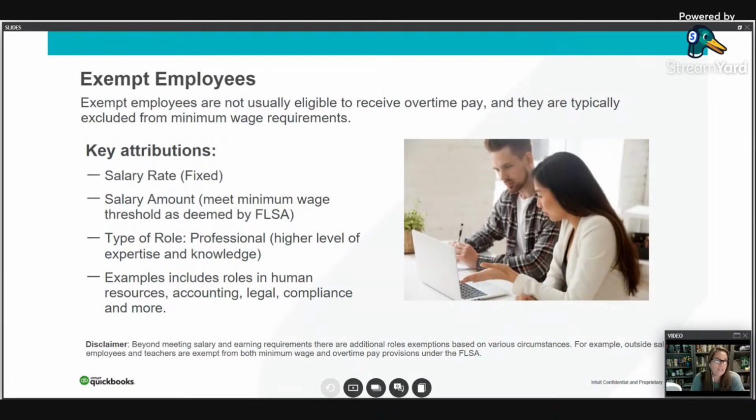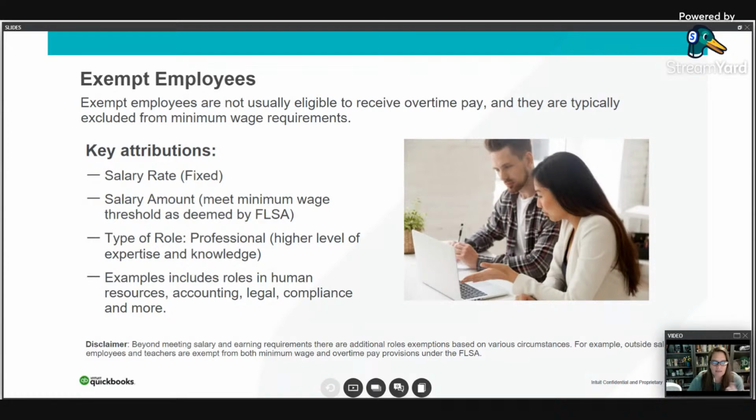So exempt employees are exempt from the FLSA. Typically, they have to be paid a salary above a certain level and work in an administrative, professional, executive, computer or outside sales role. The Department of Labor has a duties test, is what I'm looking for.